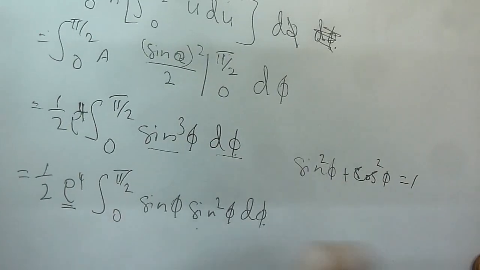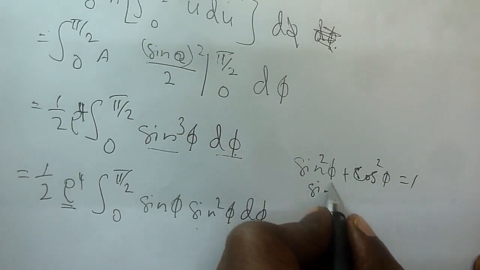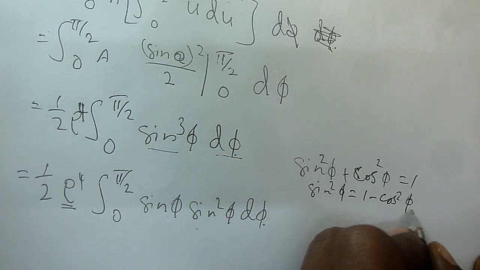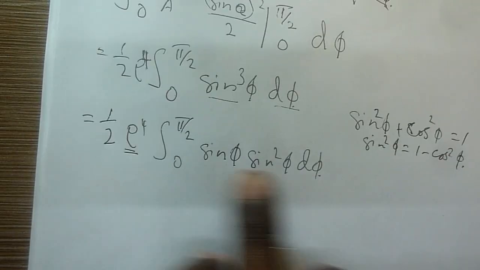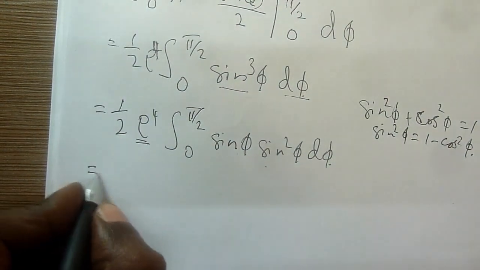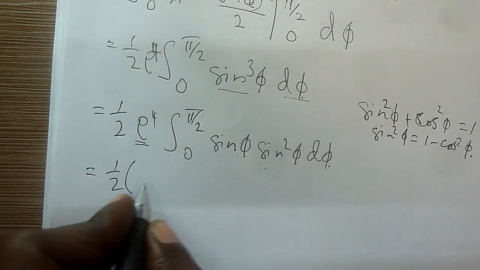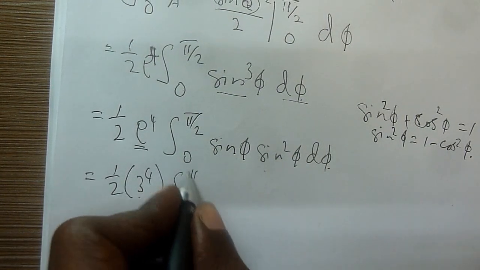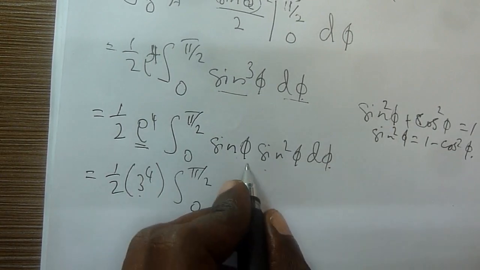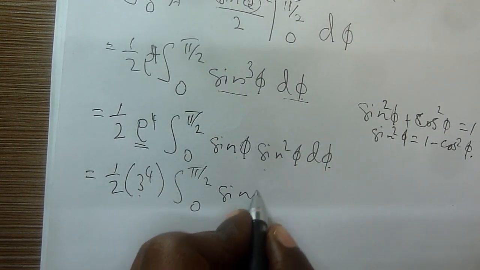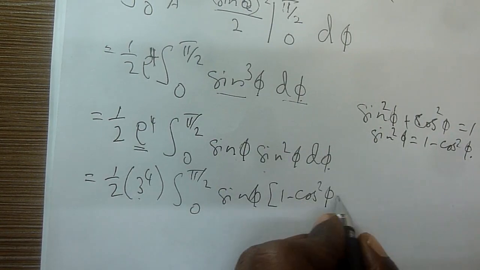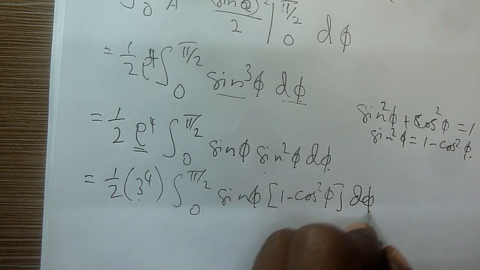Can or not? So sine squared phi is 1 minus cos squared phi, right? Can I substitute here? Can. Rho squared, as I told you, is 3. It's pi over 2 here. This one, sine phi, 1 minus cos squared phi d phi.